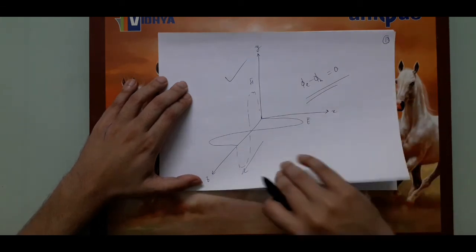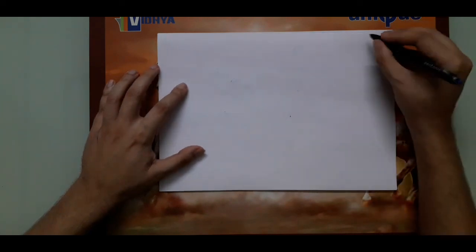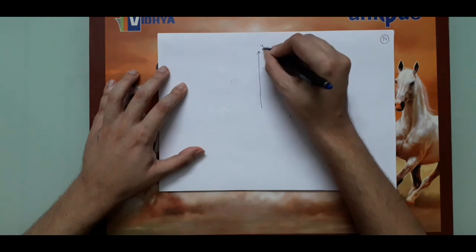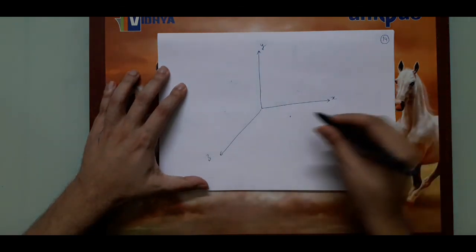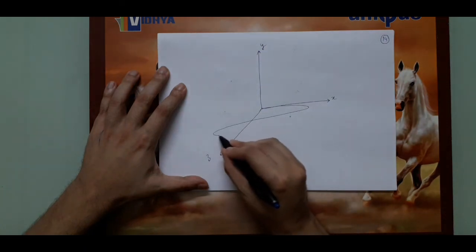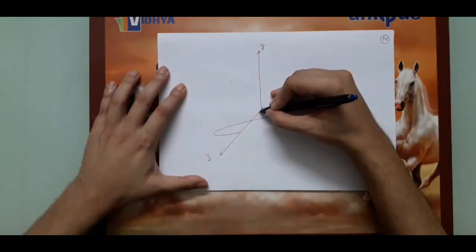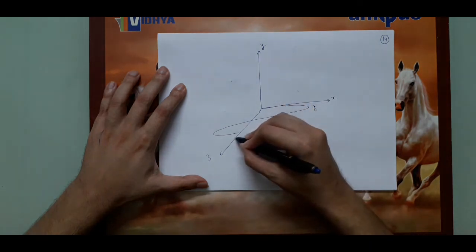The other possible scenario, let us say for a traveling wave, this is Y, this is X, this is Z. Let us say the E field vector exists as before, but the H field vector has some phase. So everywhere there will be a phase.